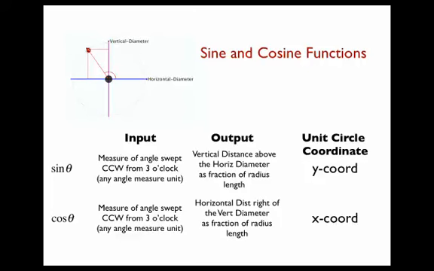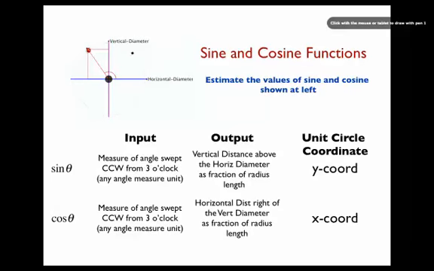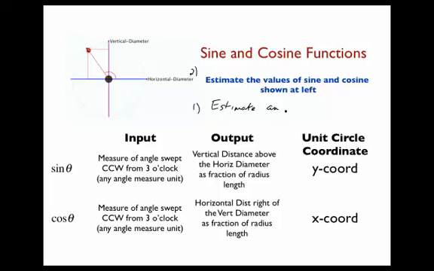So let's practice one more time. So in this picture that I'm giving you there, I'll try to draw the circle. Estimate the values of sine and cosine shown there. Well, let's estimate the angle in radians first, and then estimate the values of sine and cosine.